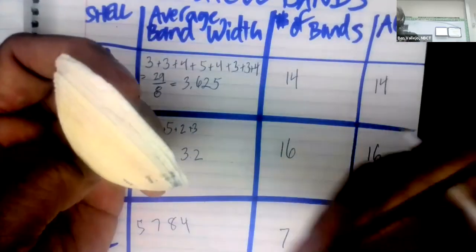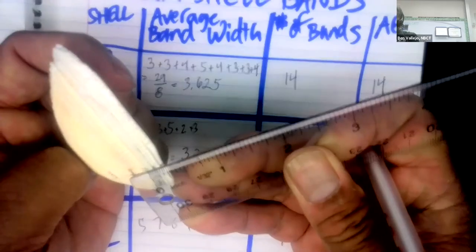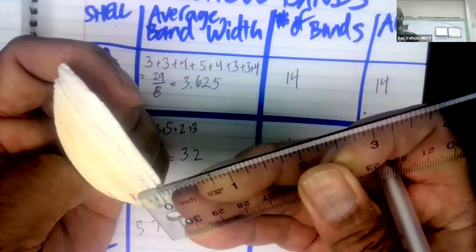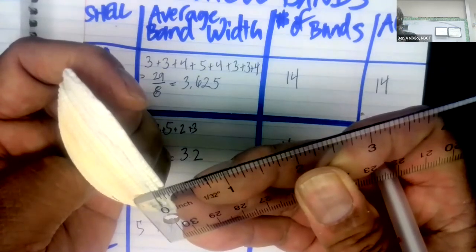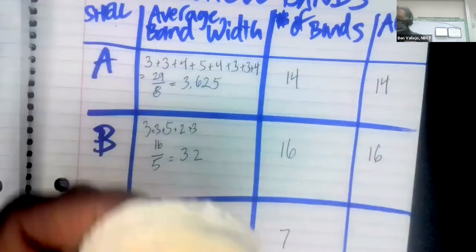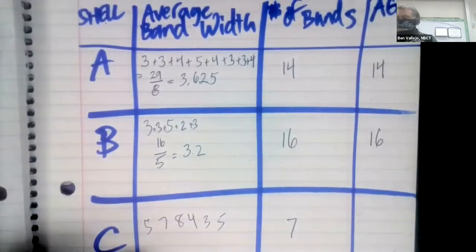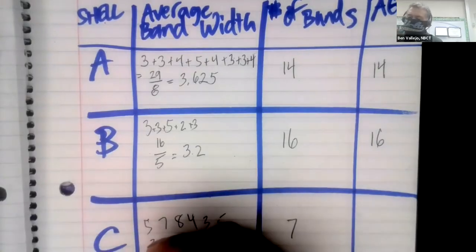And then I got 2 other ones that are smaller. That looks like a 3. And that looks like a chip. So maybe depends where you are. 3 and maybe a 5. So let's look at that one. We have 24 plus 3 is 27. 27, 32 divided by 5.